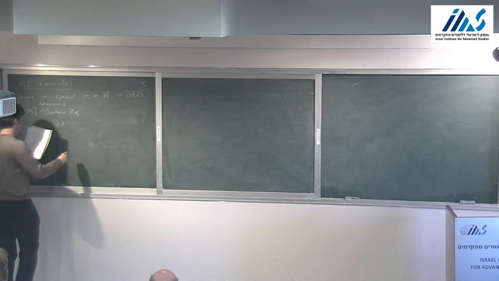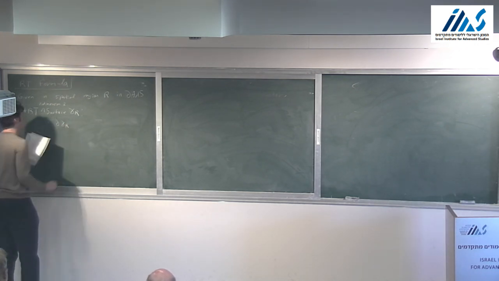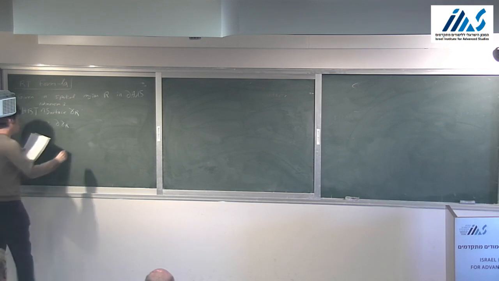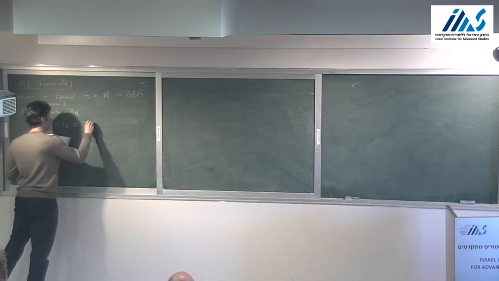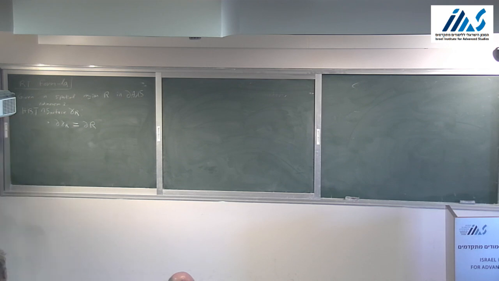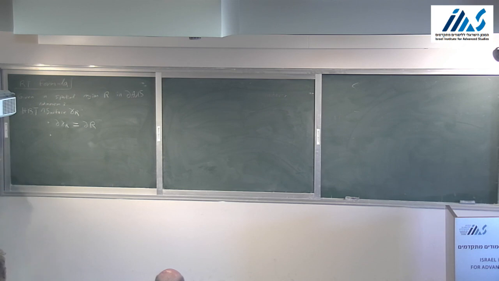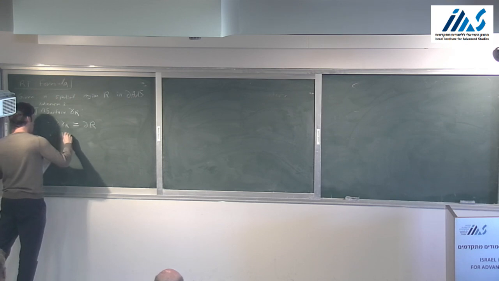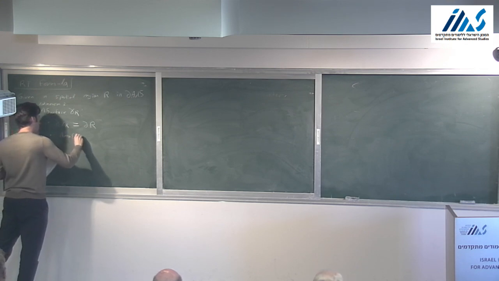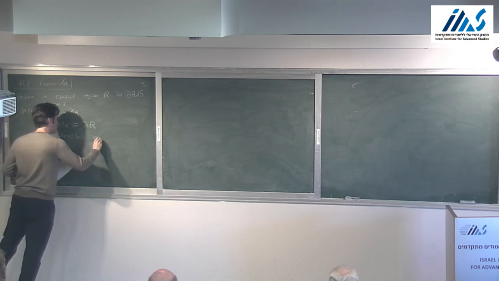The second is that the boundary of the surface has to be equal to the boundary of the subregion R on the boundary. This is sometimes described by saying that it's anchored to the boundary region R. Among the set of surfaces obeying this condition, the area of gamma R has to be extremal.